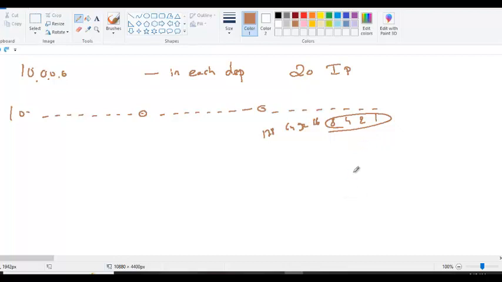If I take 5 bits, how many will I get? I'll get 31. How do you know? Did you add 16 plus 8 plus 4 plus 2 plus 1? Fine. You see the next number. What is the next number? If the next number is 32, then the addition of all these will be 31.